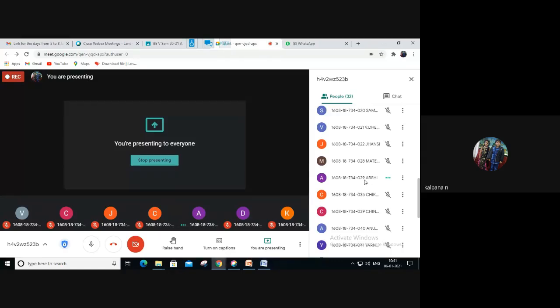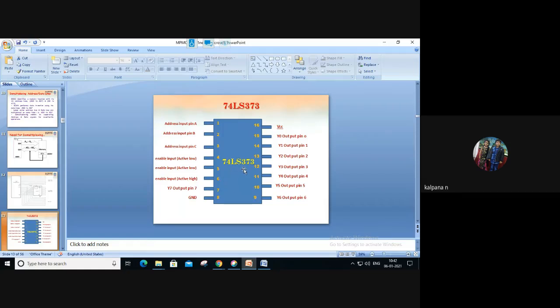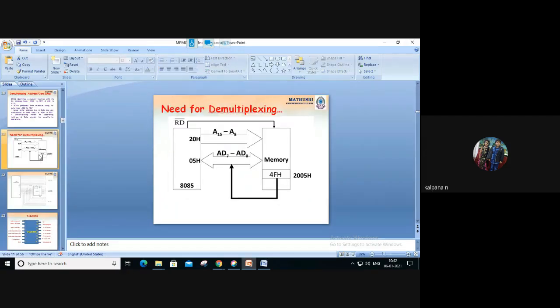A from AD. So in order to separate AD lines, we are using one device. The device name is 74LS373. This is also an IC. Whatever devices we are using in a microprocessor, MPMC, all are ICs only.